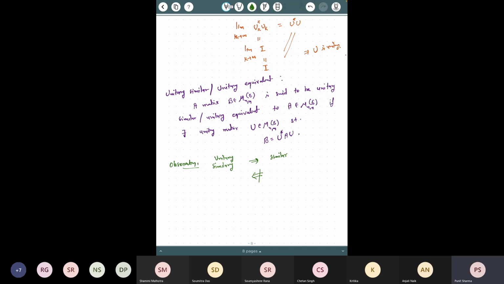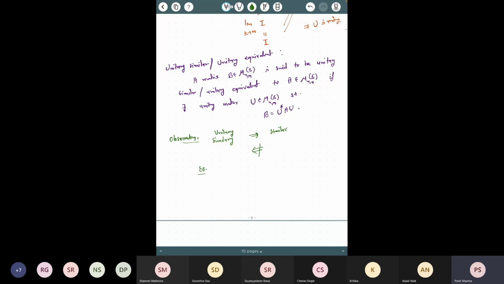Why is this? Because I can give you one example here. If you take these two matrices, let's say A and B, then A and B are similar. You can verify that A and B are similar, but they are not unitarily similar.